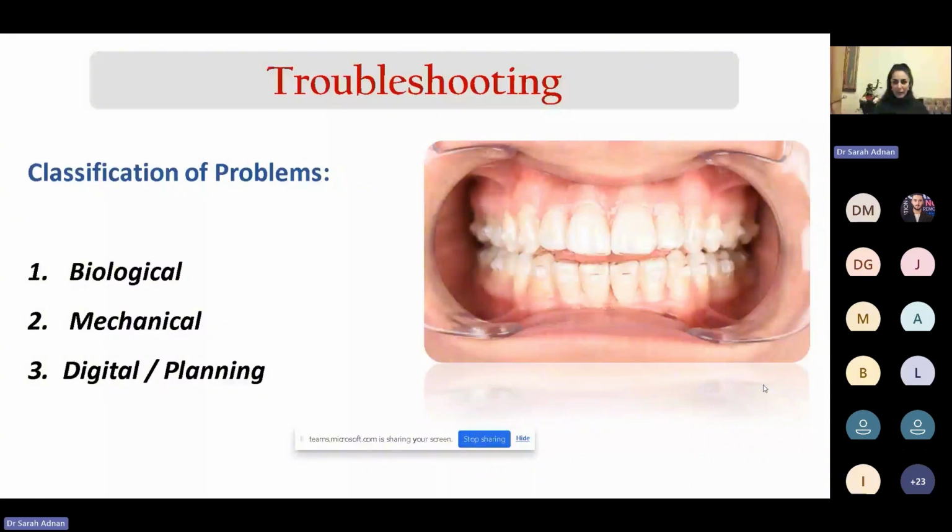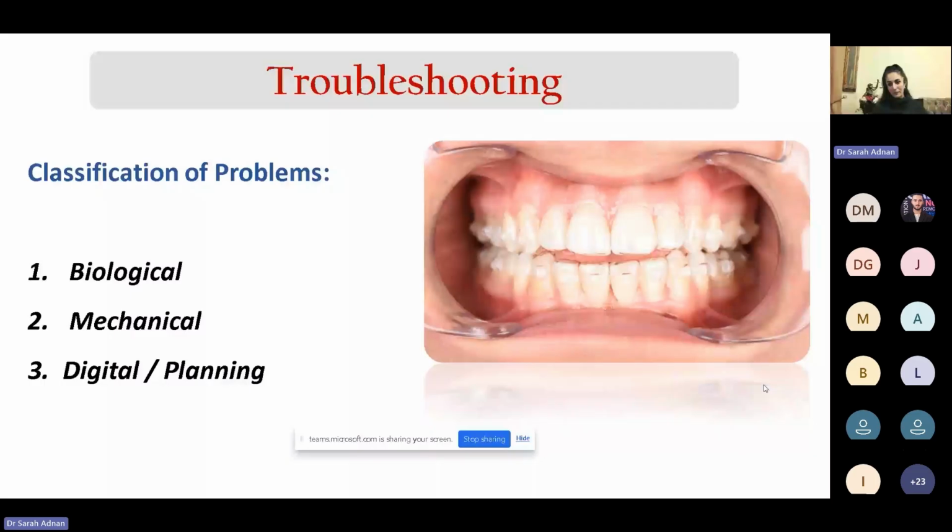In general, aligner treatment includes a complex interplay between biology, mechanics, and technology.